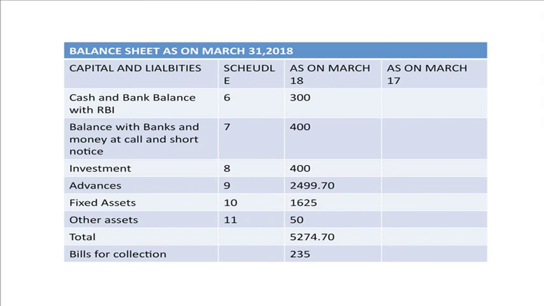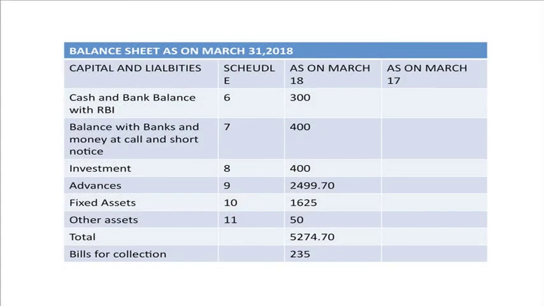Bills for collection would be reflected as a note to the balance sheet for 235, and since there is no contingent liability, schedule 12 we have kept without giving any information, as there is no information being given. So, this is the way balance sheet and P&L is being prepared in the vertical format for any banking company.